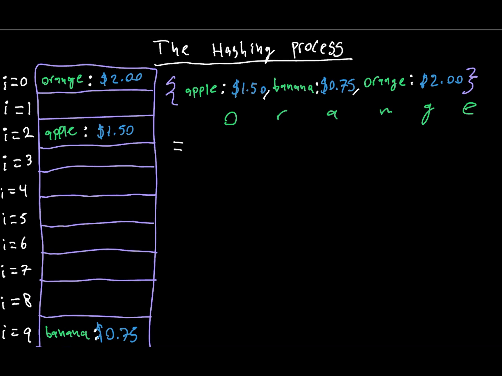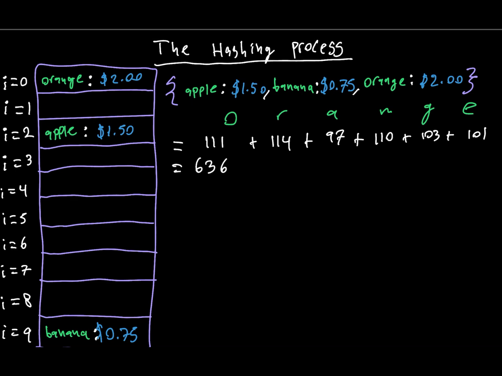O has an associated value of 111, R has an associated value of 114, A has an associated value of 97, N has an associated value of 110, G has an associated value of 103, and E has an associated value of 101. If we sum this all together, we get 636.